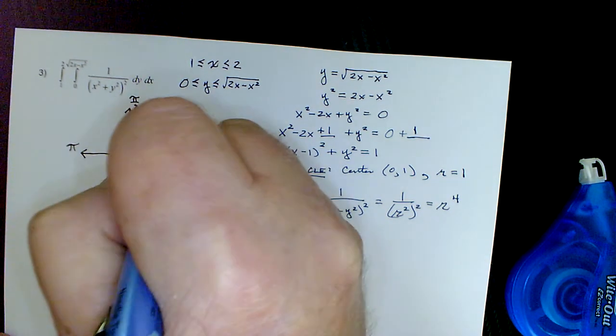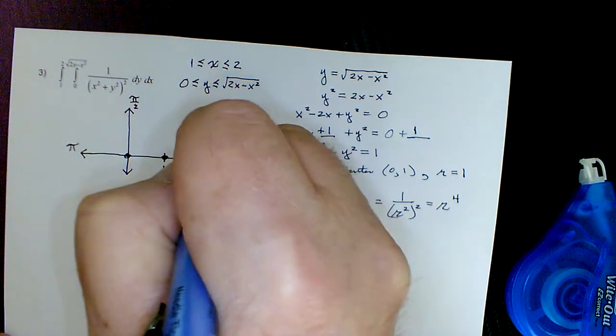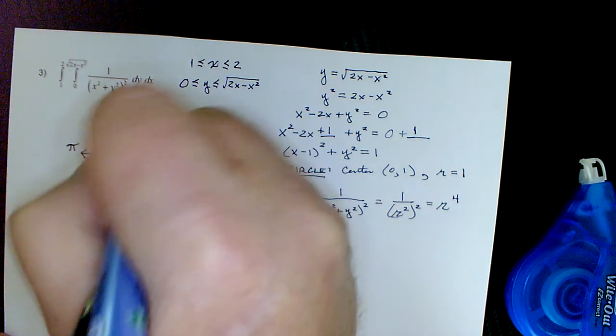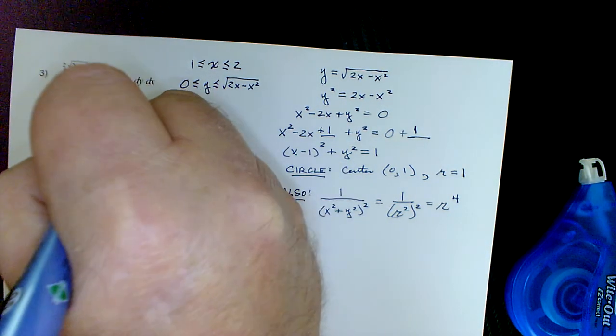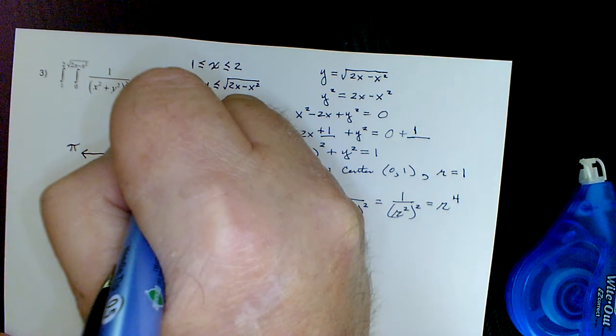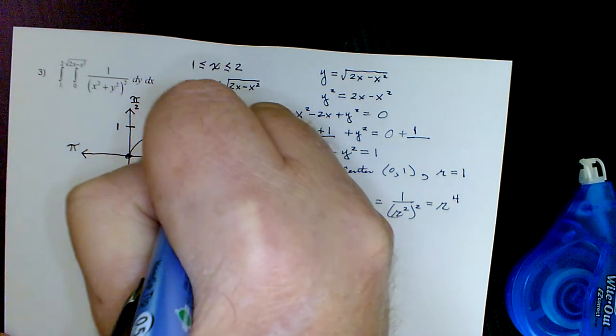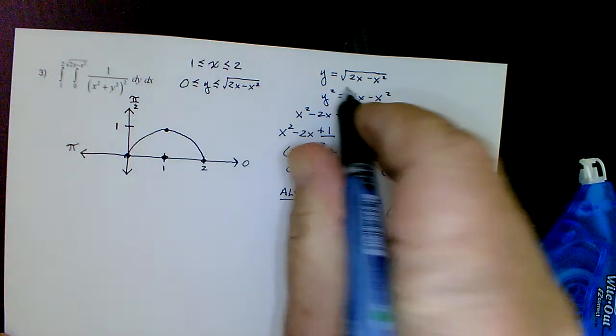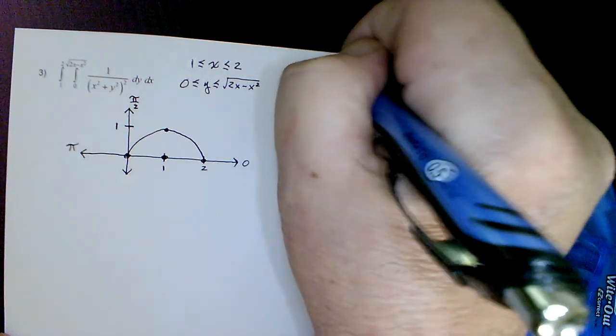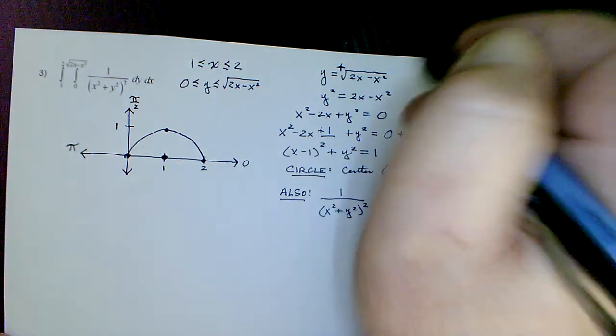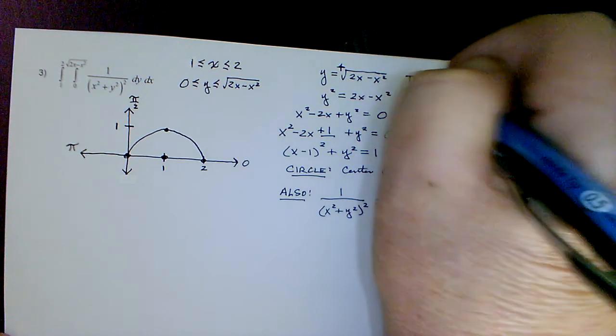So 1 is the center, on either side 1 unit, from 0 to 2. Got a radius of 1 here, so that's going to be a point as well, and that's our circle. Top half, right? y equals the positive, telling us it's the top half of the circle.